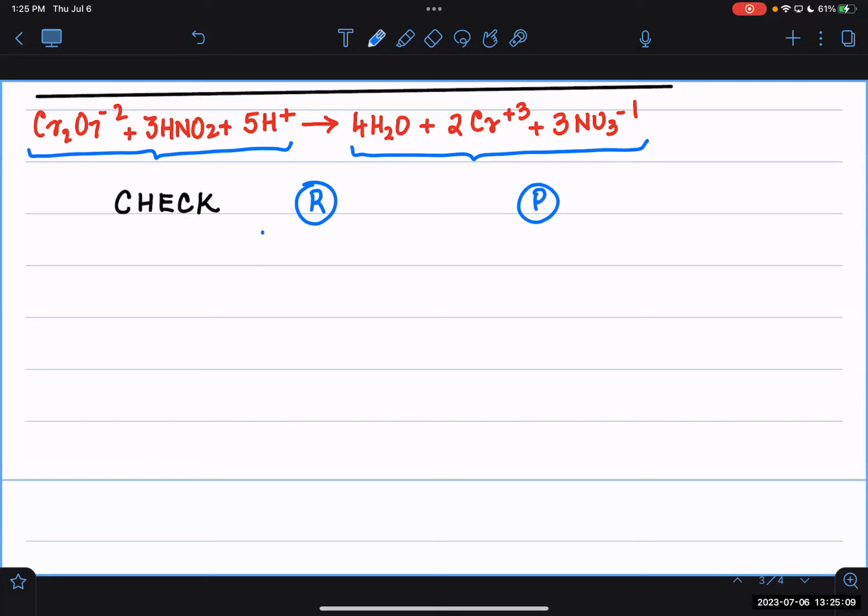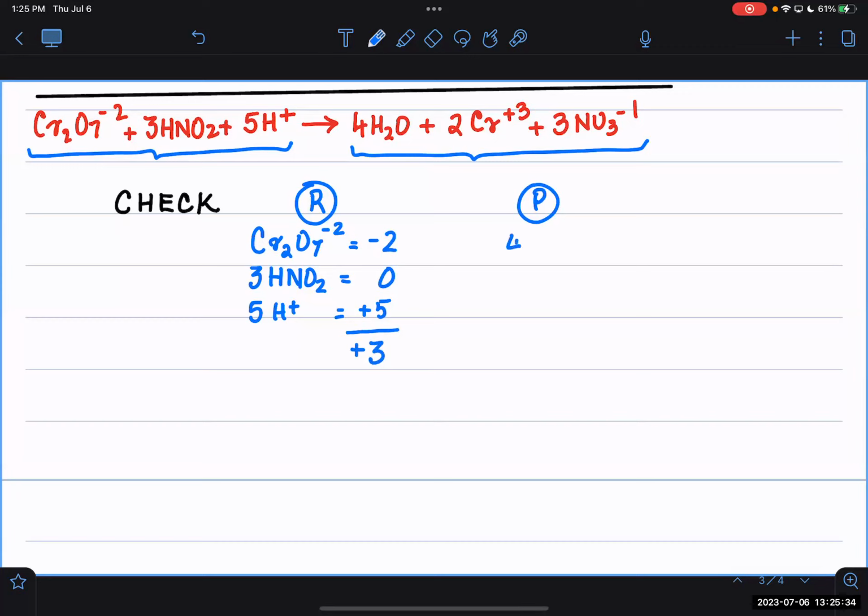Okay, so Cr2O7 minus 2 is giving you negative 2 charge, and then 3 HNO2 is giving you 0 charge, and 5 hydrogen ions are giving you plus 5 charge. So what is this? Positive 3 charge on one side.